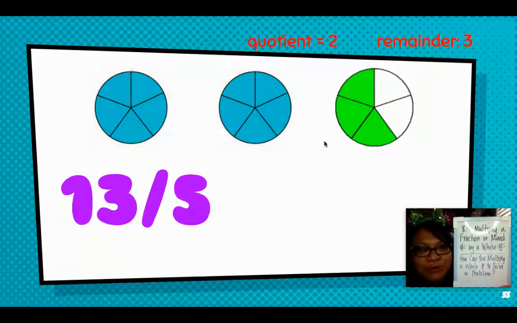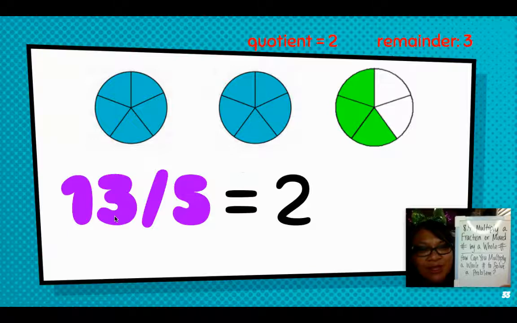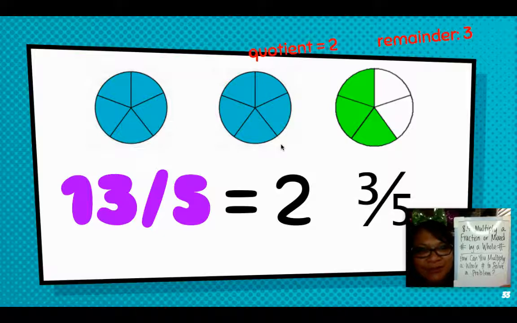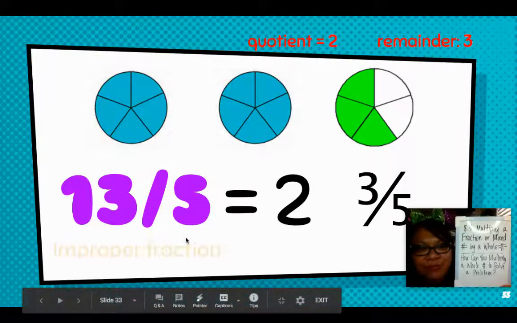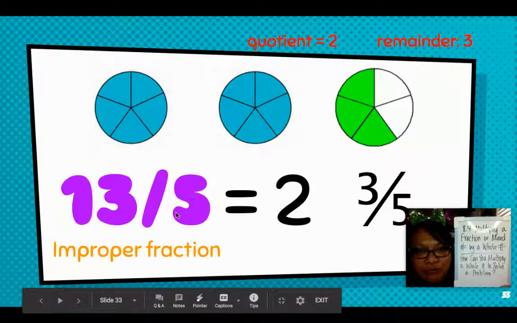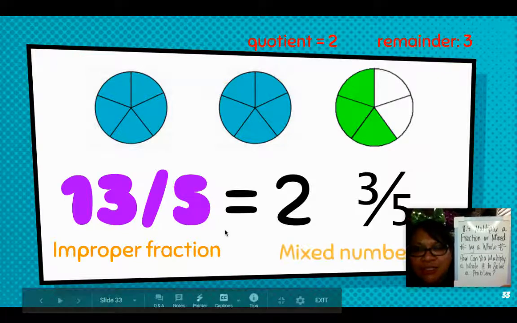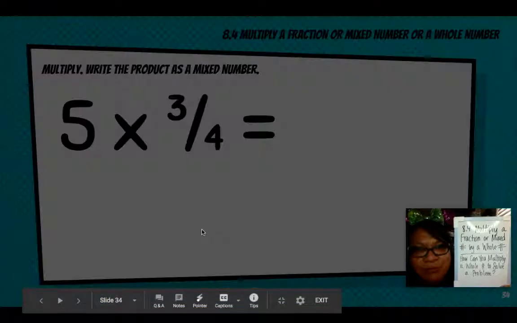So essentially, we are renaming 13/5 to 2 and 3/5. And they are the exact same number, just in different form. When we rename this improper fraction, we can rename it to this mixed number.